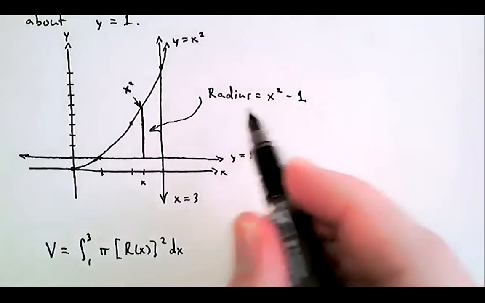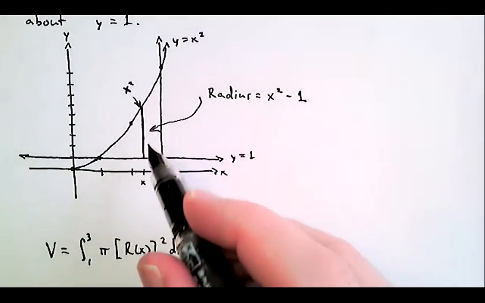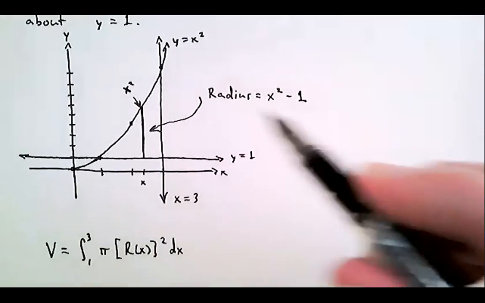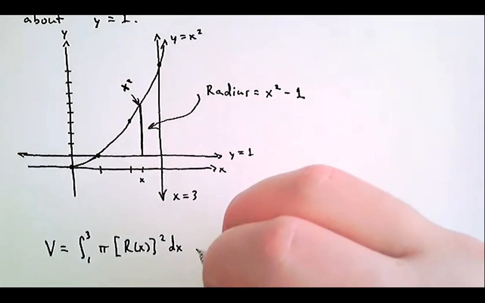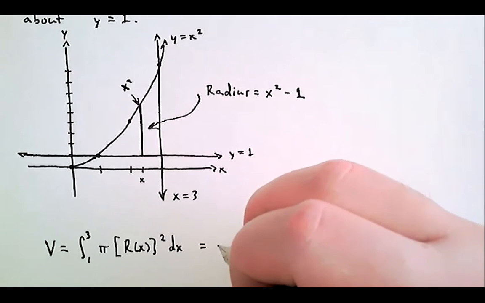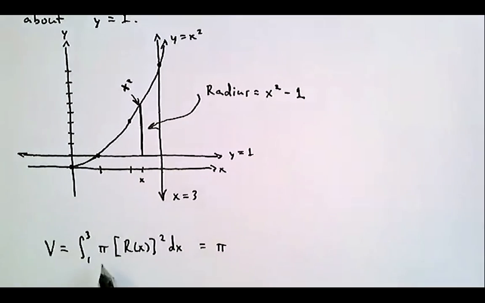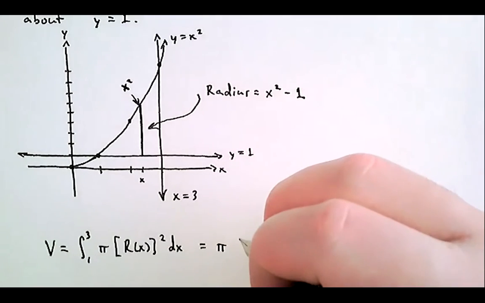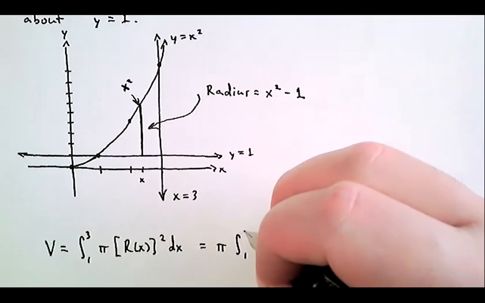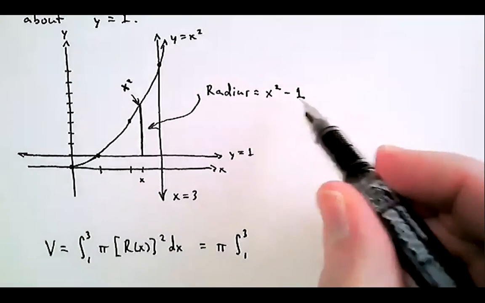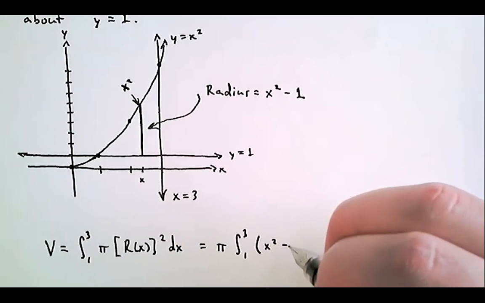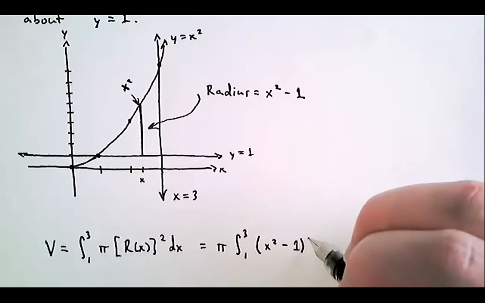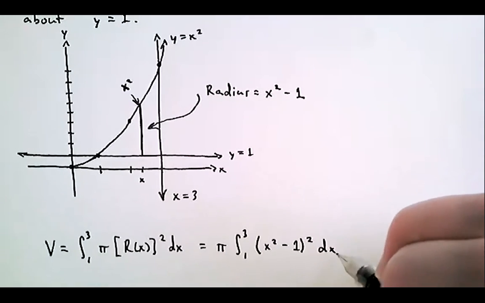So now that we know the radius for each of our cross sections, for each of our disks, we can plug it in and then complete the integral. Maybe go ahead and move your pi to the outside. And we have pi times the integral of (x squared minus 1) squared dx.